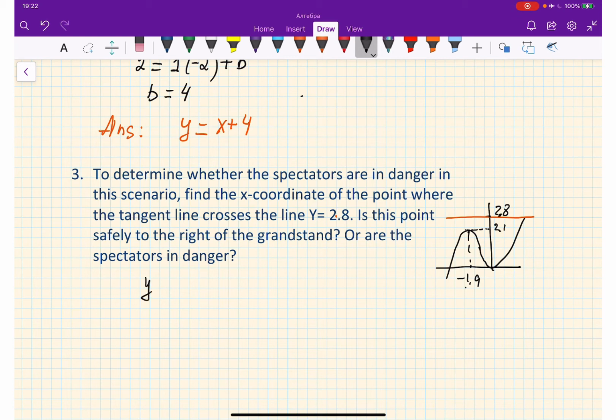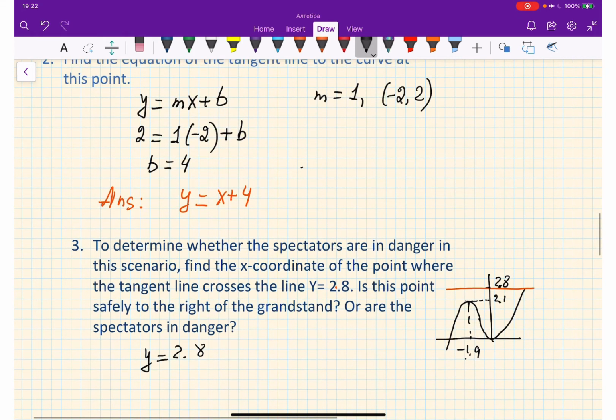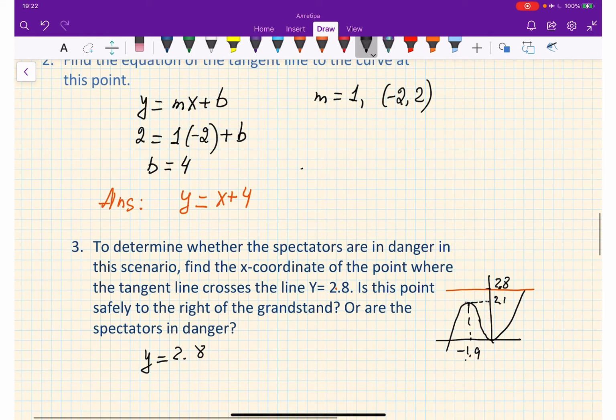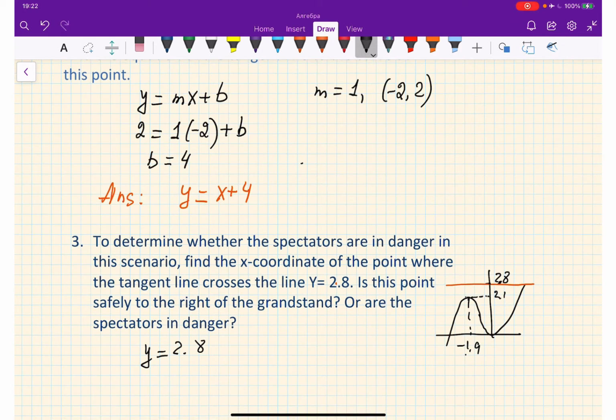y is equal to 2.8, okay? And from the previous one, we found out that at negative 2 and 2 the slope is equal to 1. Our tangent line is going to be y is equal to x plus 4 for the point negative 2 and 2.